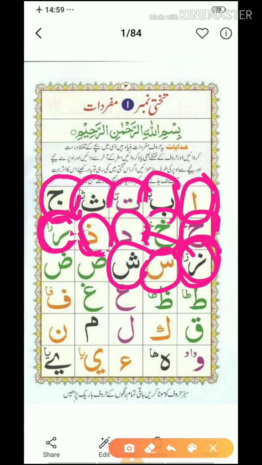That sha sound that Shin makes. So Sin is without dots and Shin is with 3 dots.